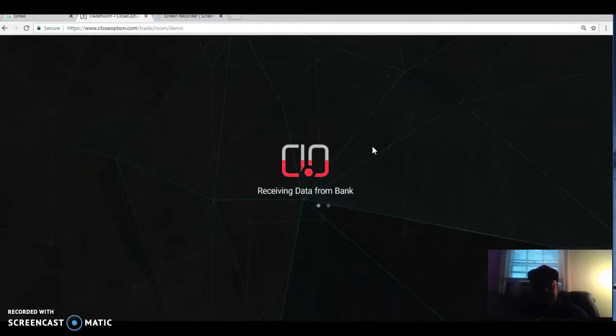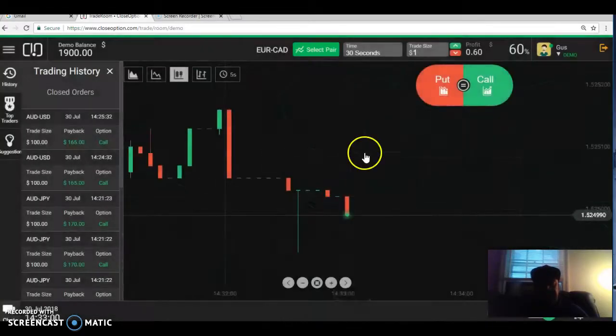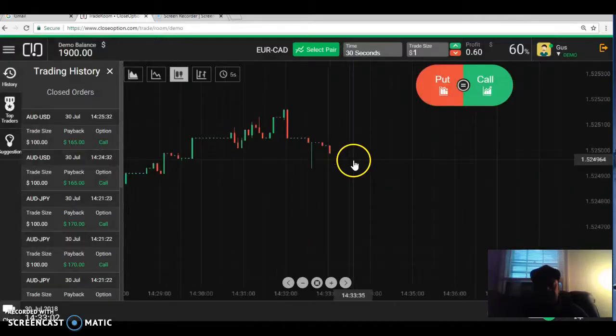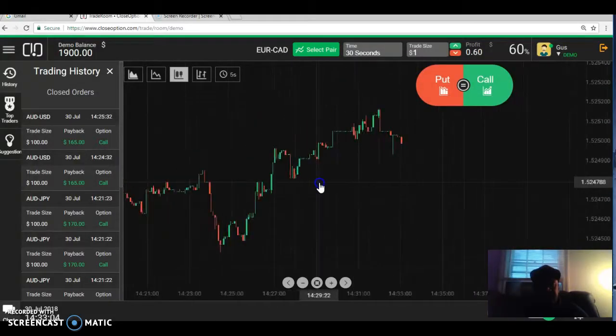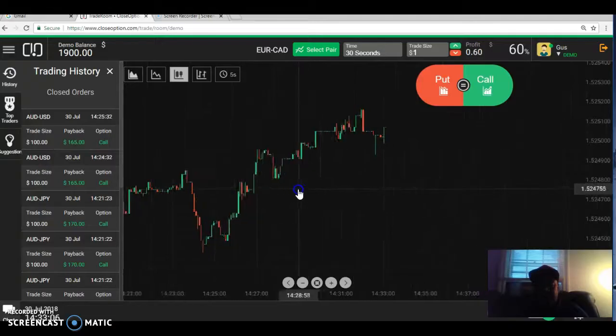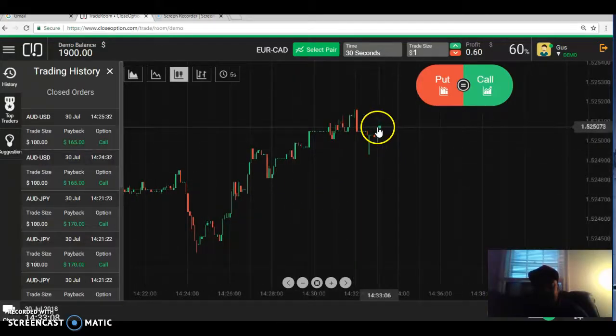Let's load another currency pair, and this is the Euro dollar, Canadian dollar. Okay, I kind of see a trade. We want to do 2-minute trades, so I set it to 2-minute and $100 lot sizes.